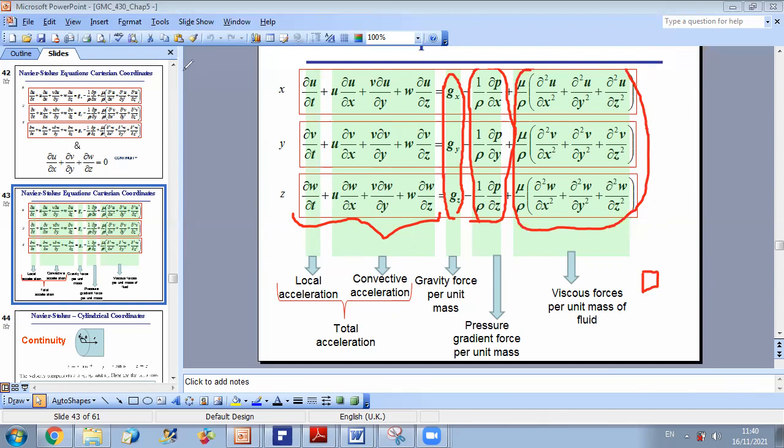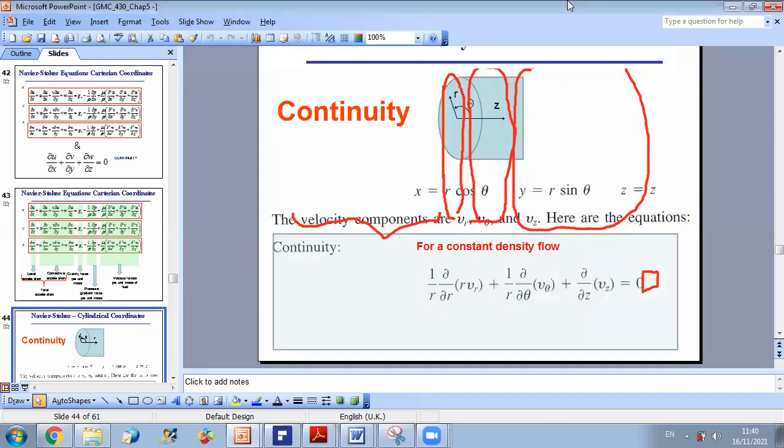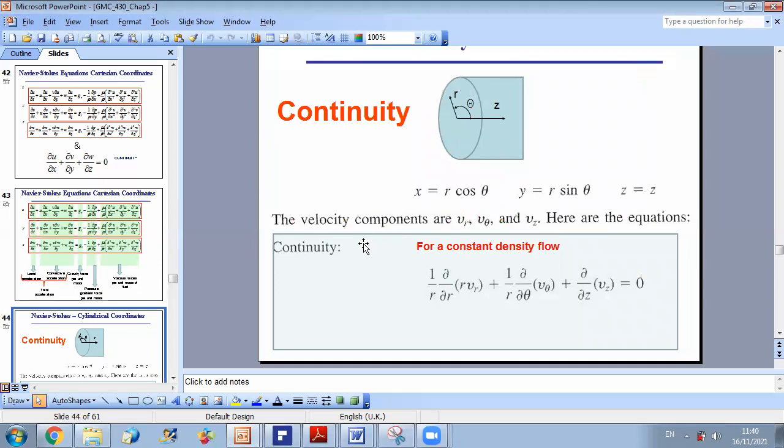Now in cylindrical coordinates also, as we did previously in all parts, if you remember, we define all properties, such as deformation, acceleration, continuity or linear momentum, in two systems: Cartesian coordinates and cylindrical coordinates. So here also for Navier-Stokes equations, we'll define them in polar or cylindrical coordinates.